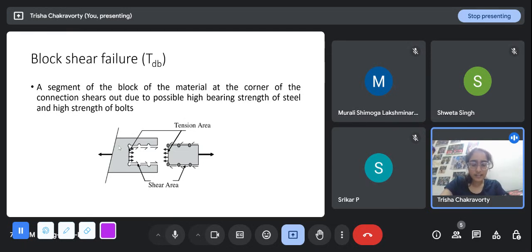This is interesting and a little difficult to perceive. What happens here is this: a segment of the block of the material of the connection shears out. So what is happening is you are applying tension.